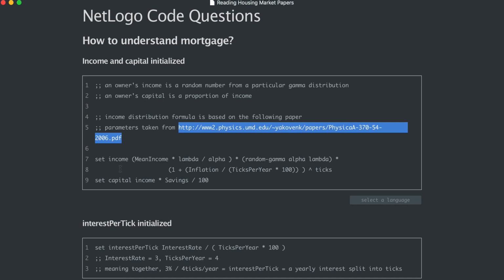So this is how we calculate the income, by using this gamma distribution. And then capital is easy. The capital is the money we save from the income, which is a proportion of the income.